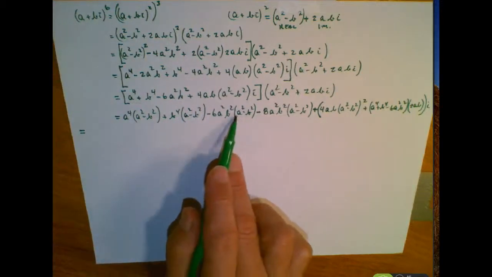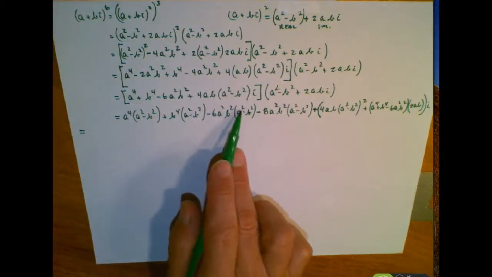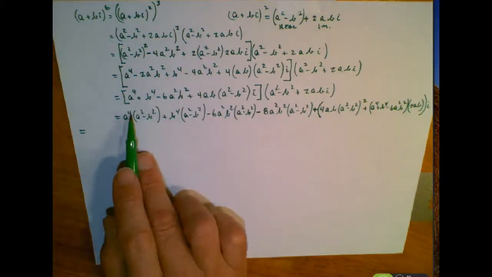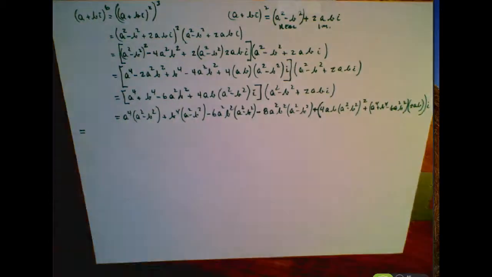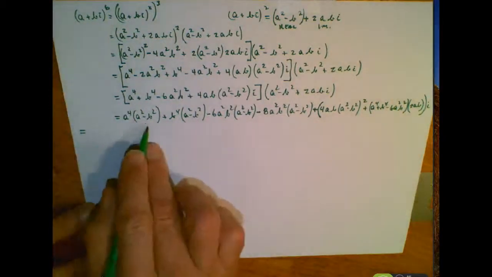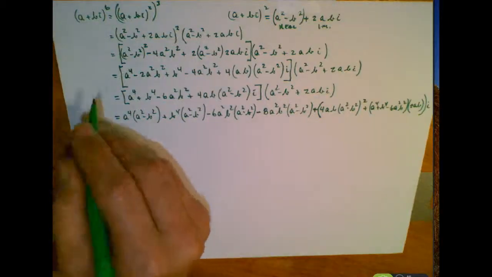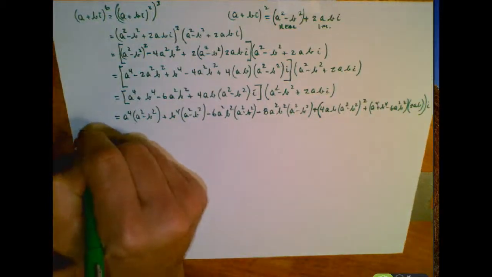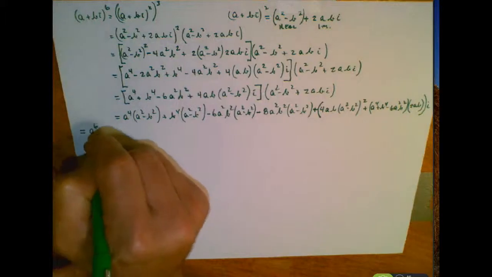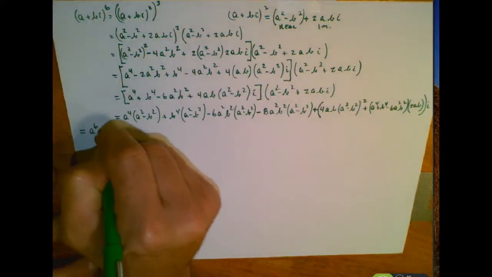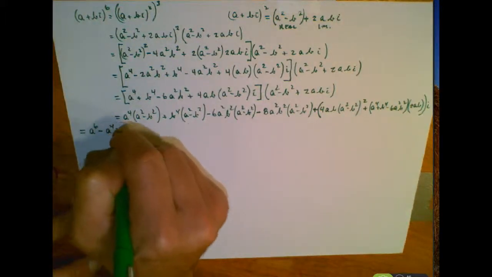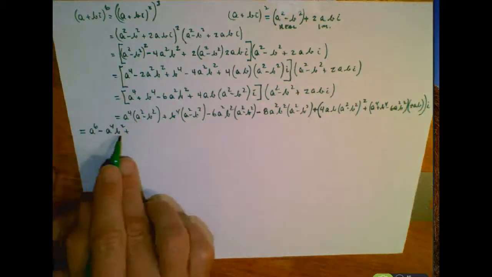If I distribute this, I'll get an a to the 4th b squared. So I'm going to do that because I'm going to get an a to the 4th b squared here. So let's start doing that. Okay, so I see a reason why we want to combine things. Okay, so it's going to all happen. So I'm just going to go ahead and write a to the 6th minus a to the 4th b squared plus, and I'm going to organize by putting a first.